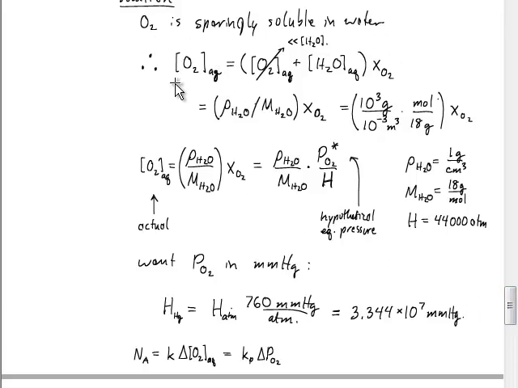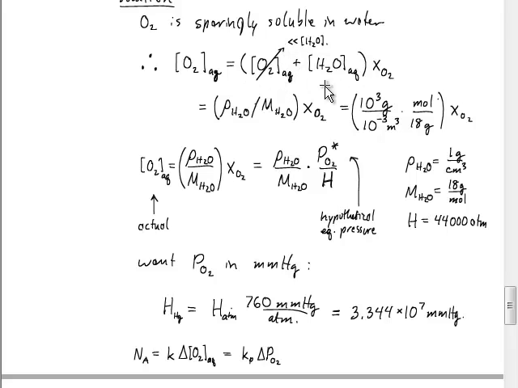So if we want to write the oxygen concentration in water, we can write that as the oxygen concentration in water plus the water concentration in water multiplied by the mole fraction of oxygen. And of course, the oxygen concentration in water is much, much smaller than the concentration of water in liquid water. And so that term basically can be ignored.